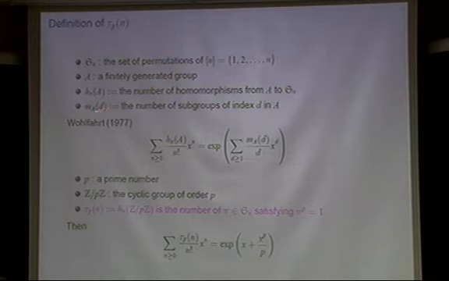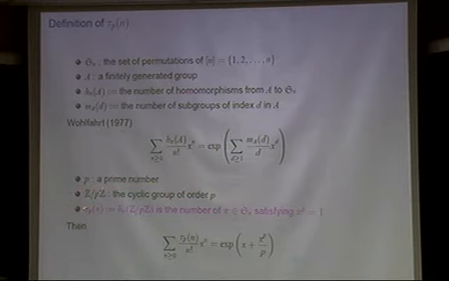Let M_A(d) be the number of subgroups of index d in A. Wolfart proved the generating function for the number of homomorphisms. It has a very simple formula. Throughout this talk, I assume that p is a prime number.